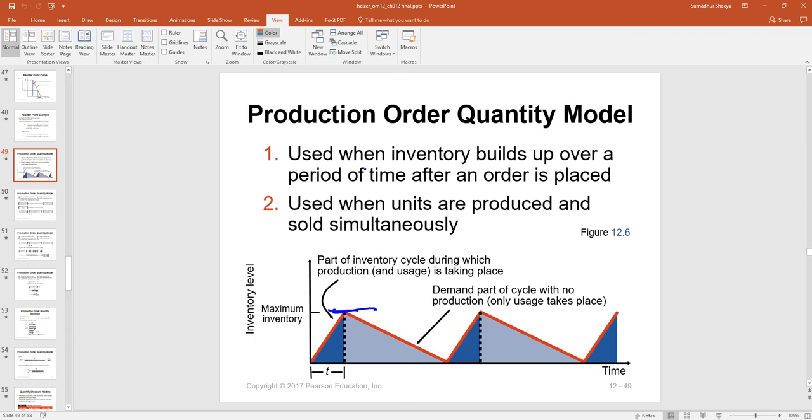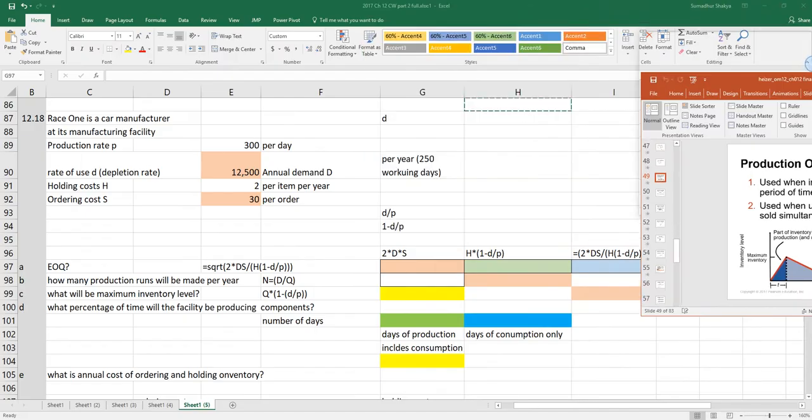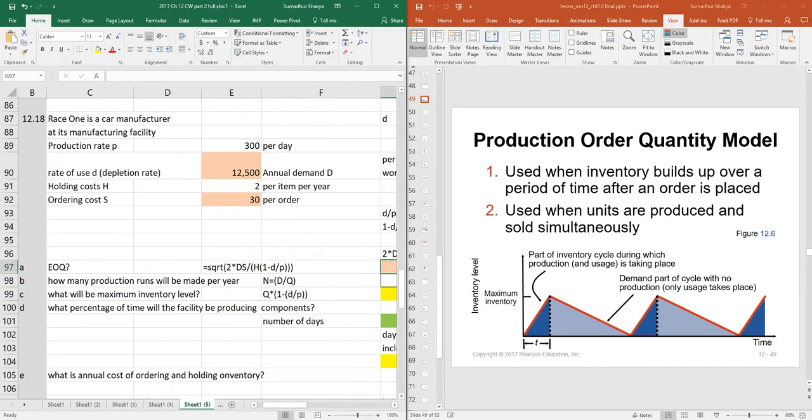So this is the information given. Production is happening at the rate of 300 units a day.